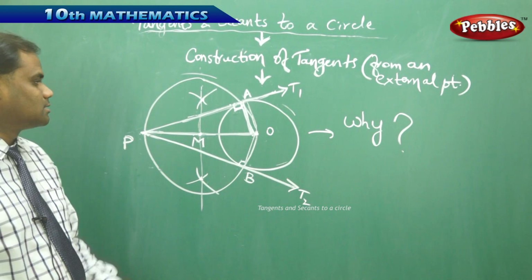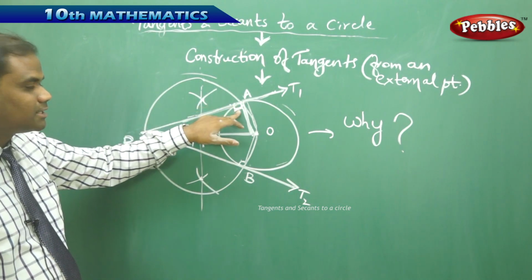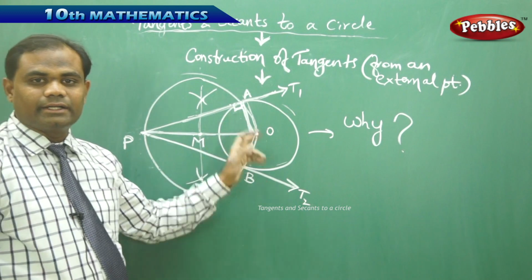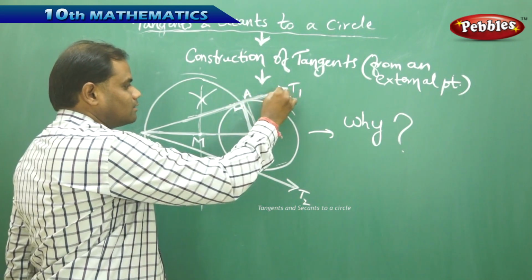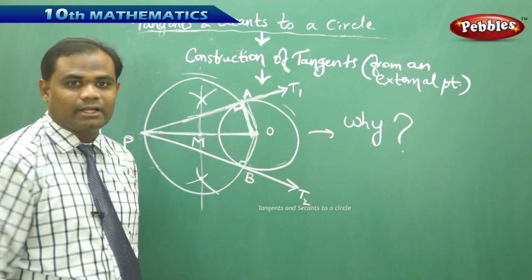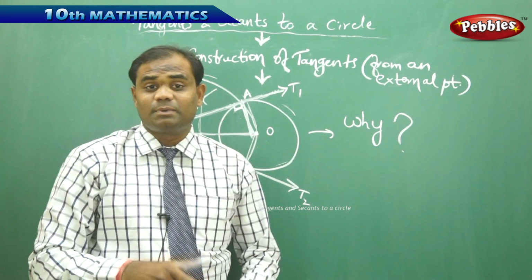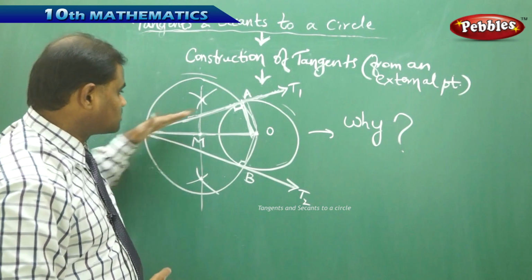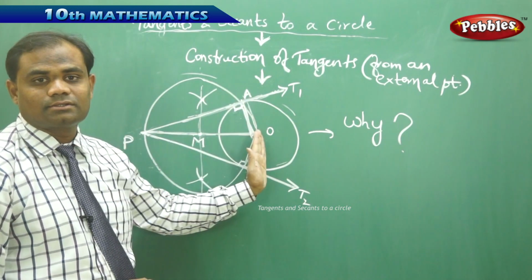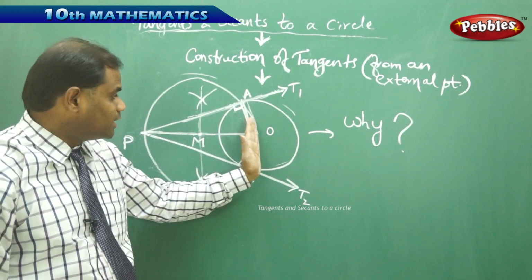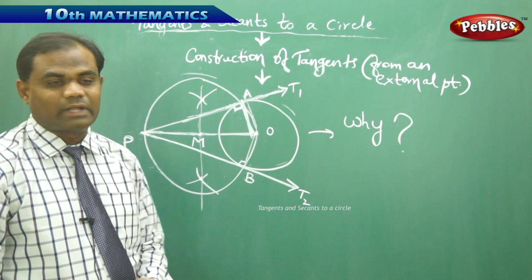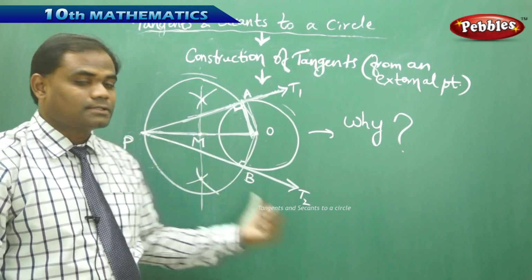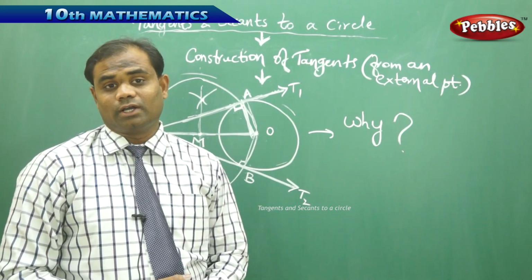So mathematically, since the angle in a semicircle is 90 degrees, that 90 degrees helps us in locating this to be the line which is perpendicular to the radius, and hence by the theorem radius perpendicular to tangent, this must be a tangent to the circle with the radius passing through the point of contact, and hence the two tangents are PA and PB is how we conclude.